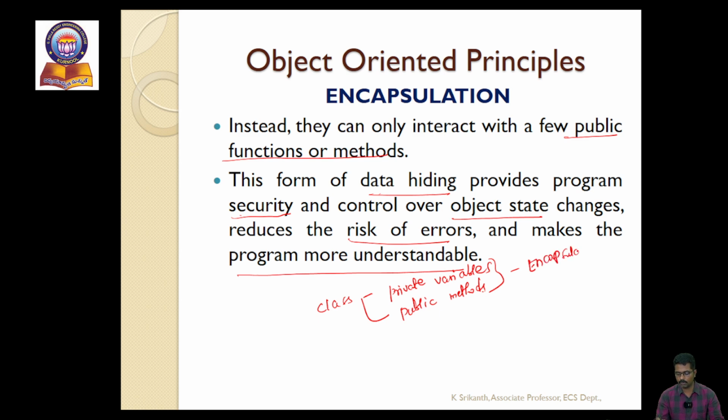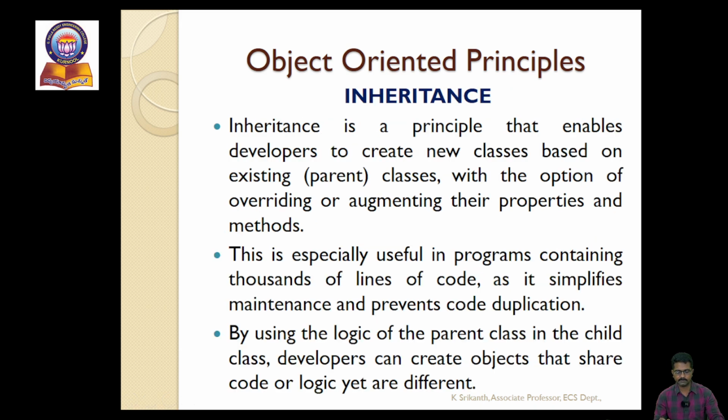So overall, we can define it in this way: to achieve the principle of encapsulation, we need to write a class where the variables are made private and the methods are made public. The private variables can be accessed within the class, whereas methods are public, so they can be accessed outside the class to work with private variables within the class.